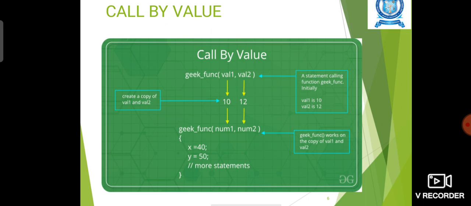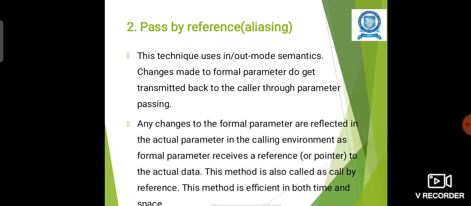Here only the value will be updated for the parameter during the function execution for this one time of function call. After the execution of the function call, the actual values will not be affected. This is called call by value or pass by value.